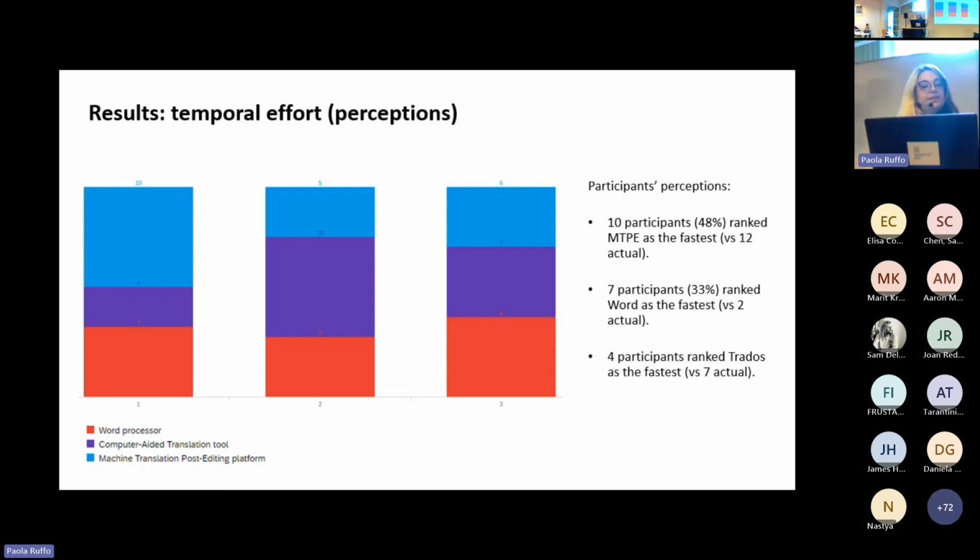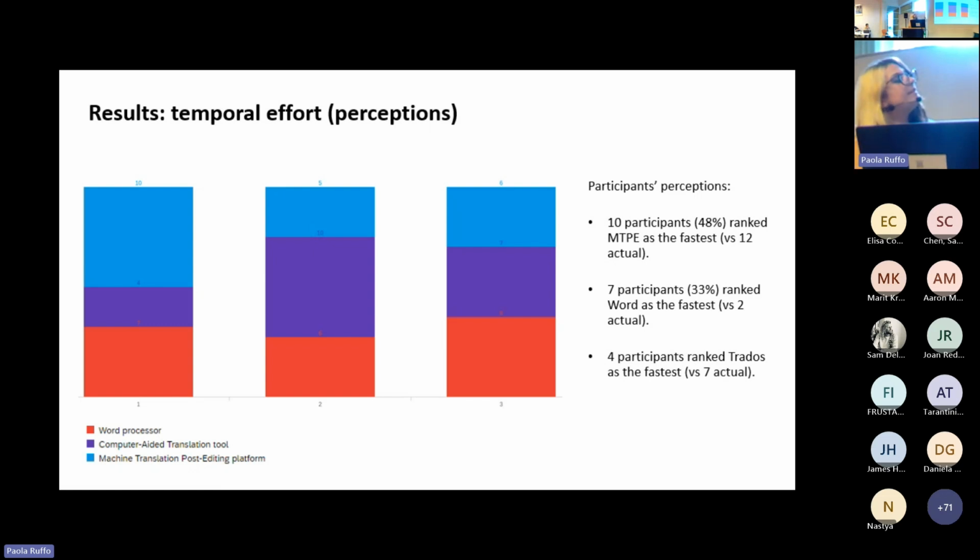And you can see that 10 participants ranked post-editing as the fastest versus 12 actual participants that I measured were fastest with post-editing. And 7 participants ranked Word as the fastest versus just 2 actual participants that were faster with Word. And we can see the same trend with Trados. So 4 participants ranked Trados as the fastest, but Trados was actually fastest for 7 participants.